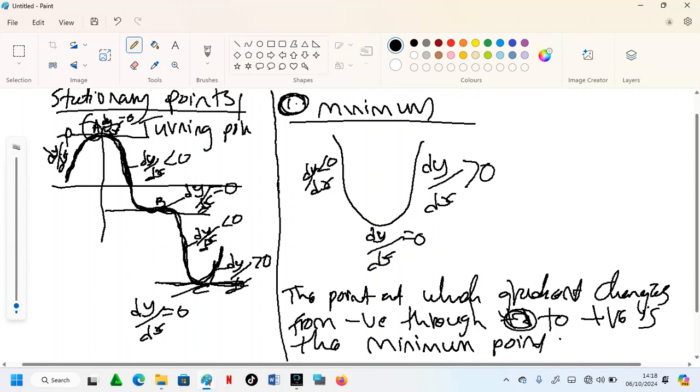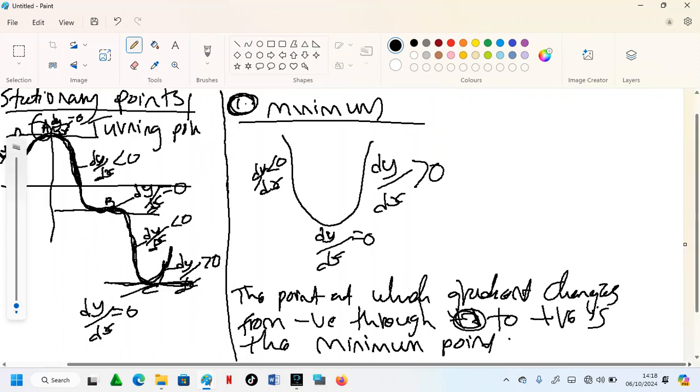If the gradient changes from negative through 0, of course, through the turning point, you see here, the gradient is negative, it becomes 0 at the turning point, and then it becomes positive in the end, then it is a minimum point.